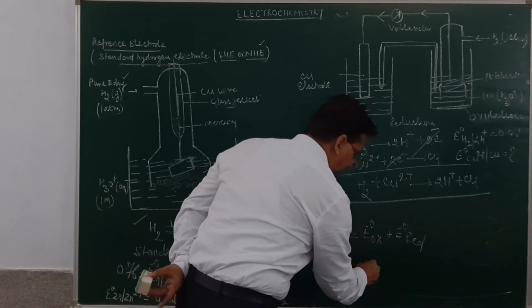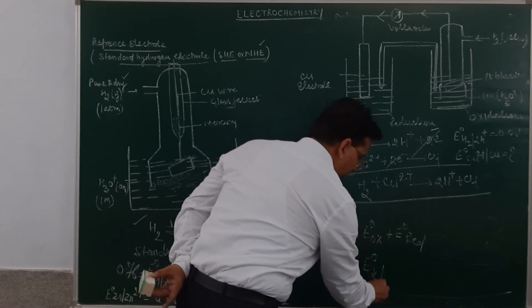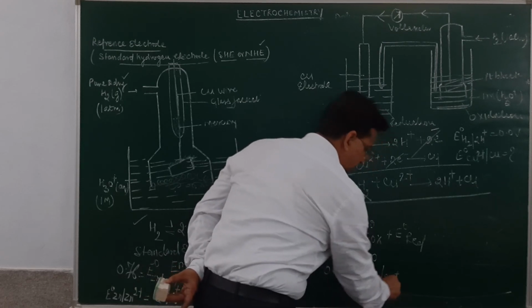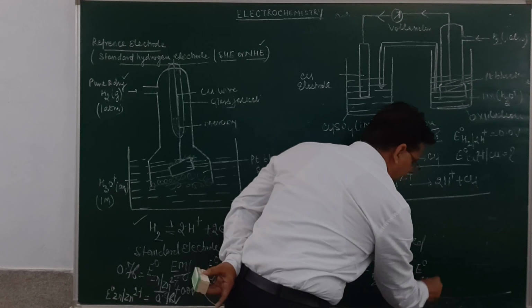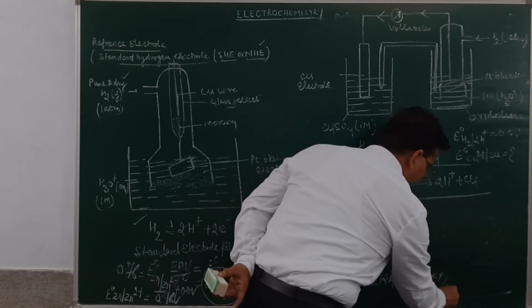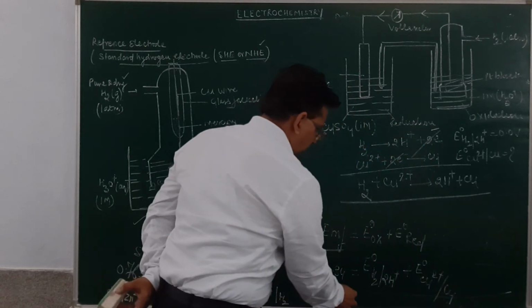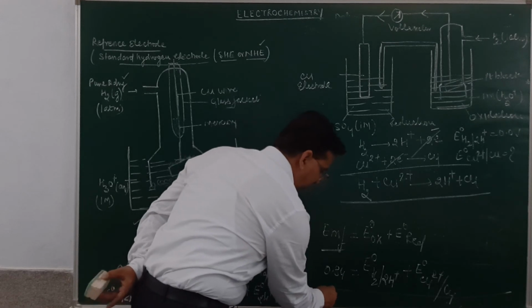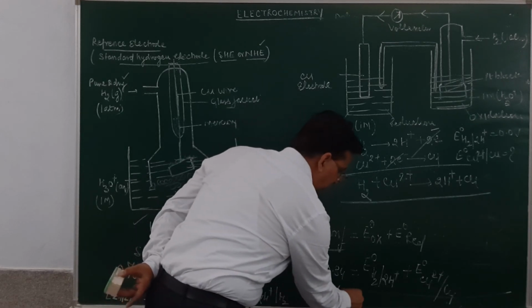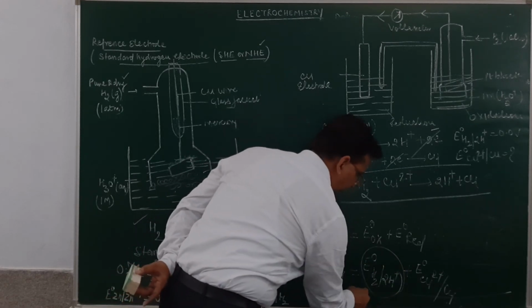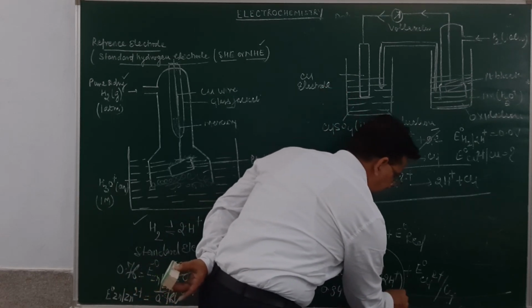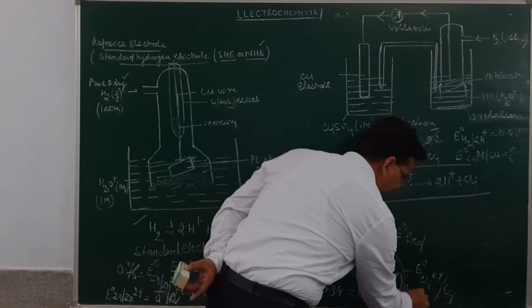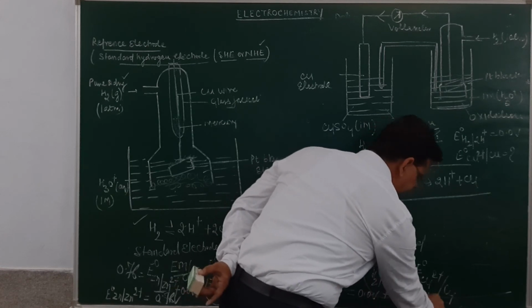Oxidation is of the hydrogen electrode, H2 to hydrogen ion. Then reduction is of copper 2 positive to copper electrode. This standard value of 0.34 will be equal to 0.0 volt plus E naught of copper 2 positive to copper.